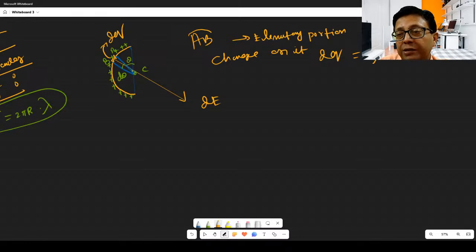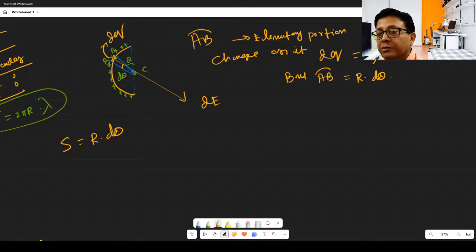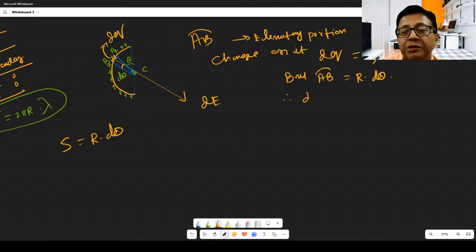The arc length AB. But AB is how much? r into d theta. You remember that figure relation? Arc length is equal to r theta. Here it will be r into d theta because this angle we have taken d theta. So dq value will be how much? Lambda into r d theta.